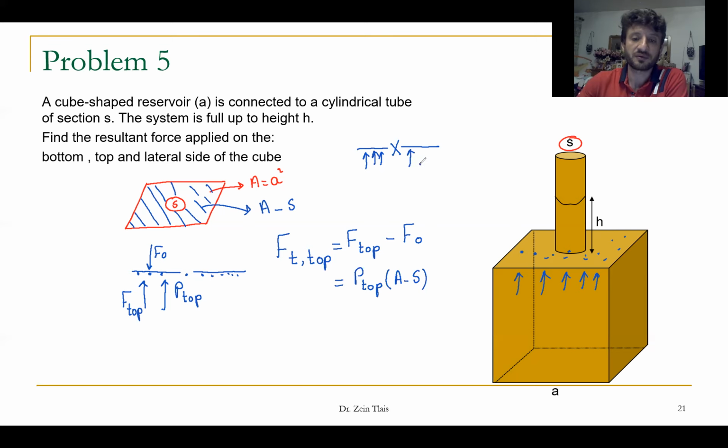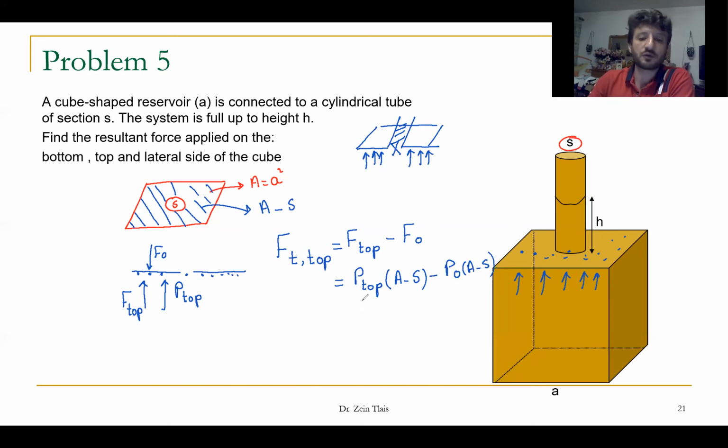So we have A minus S, the total area minus this one. This is P at the top times A minus S minus P0 times A minus S.